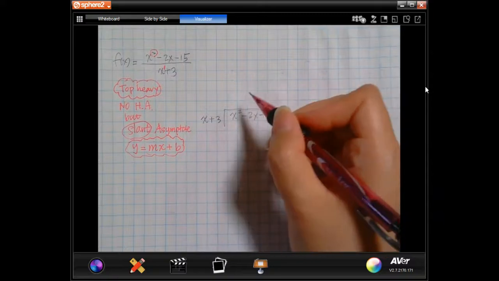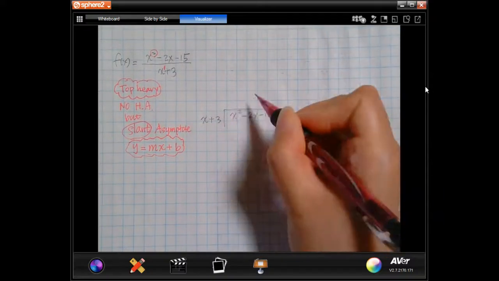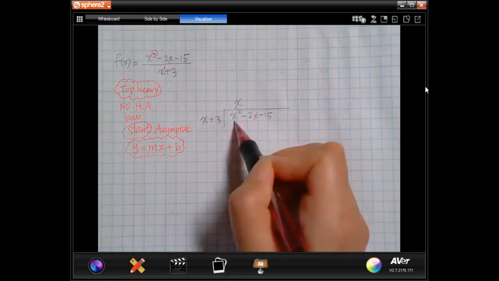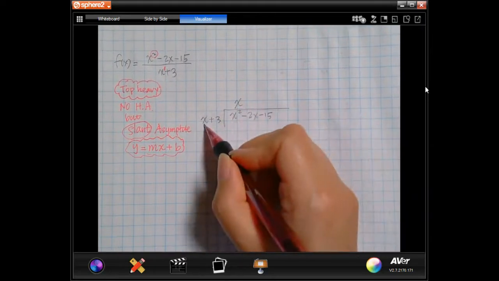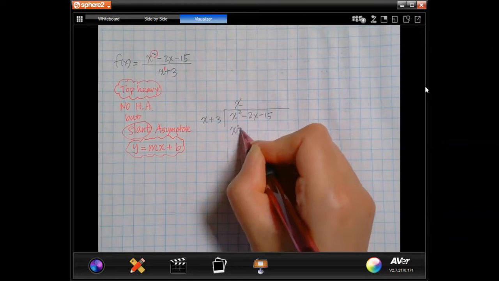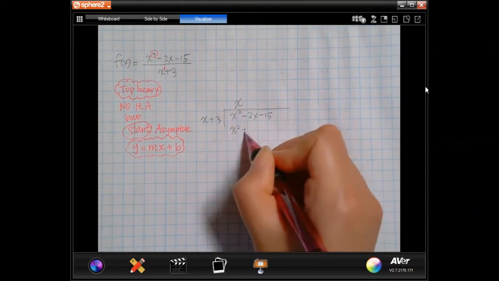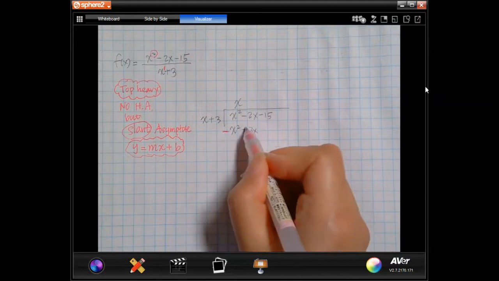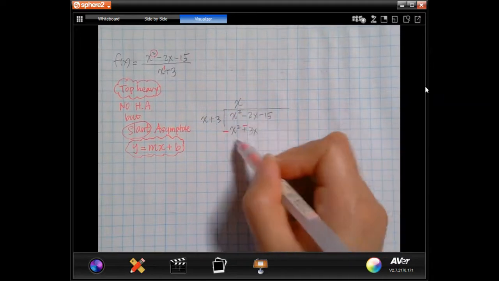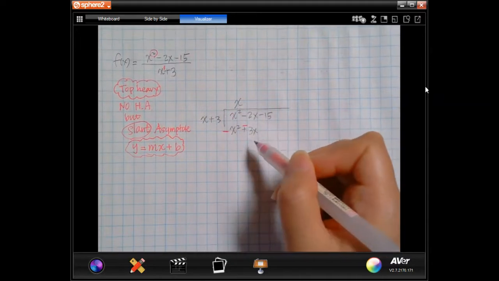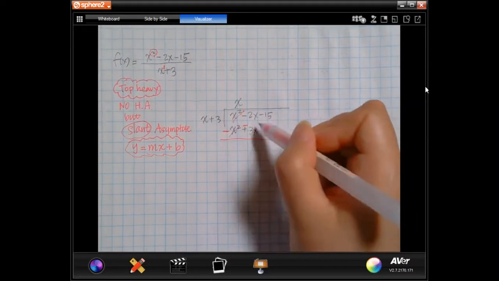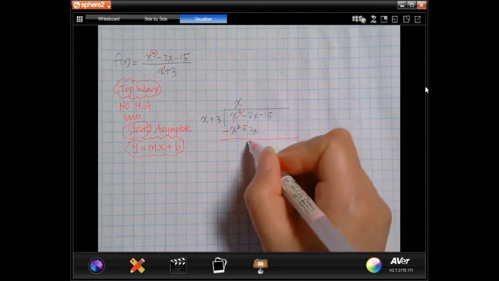Now I have to have x on top, because x times x makes x squared. So x times x is x squared, and 3 times x is plus 3x. Then I have to change the sign, because after you make the product, you have to subtract it, so that I can cancel this. Now this will make what?